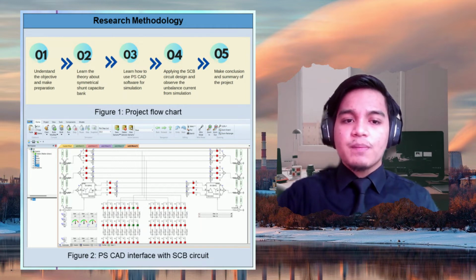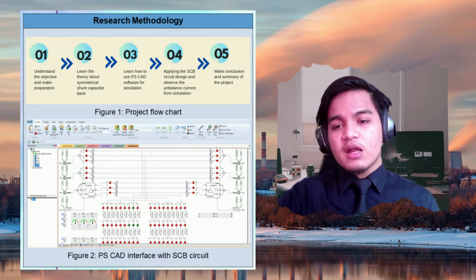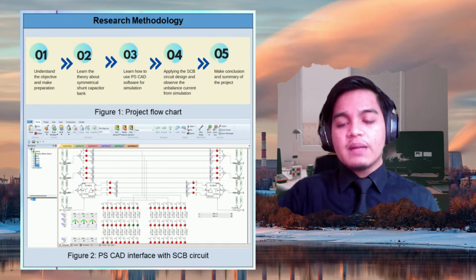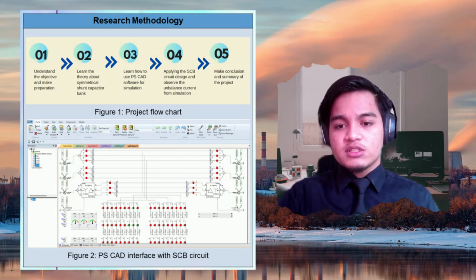For step 4, the task is to apply the circuit design for the shunt capacitor bank and then observe the unbalanced current method. This step is to design the SCB circuit based on the Telok Mas substation in Melaka. This substation has a 3-phase high voltage of 132 kV with 50 Hz frequency.